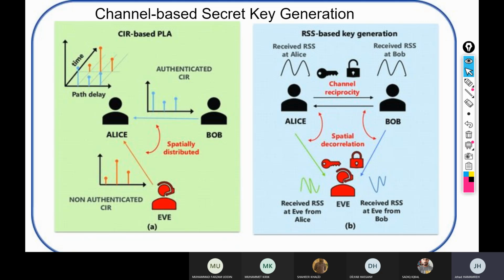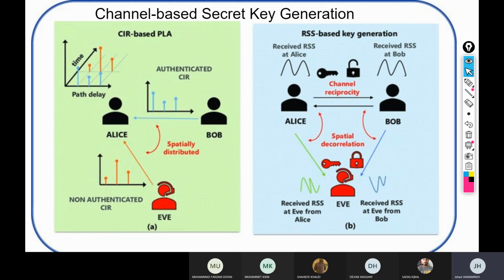First, Alice and Bob try to learn the wireless random channel between each other. They exploit a feature called channel reciprocity in TDD systems, which we talked about in the previous lecture, and they estimate the channel between them. Each one estimates the channel from his own side.